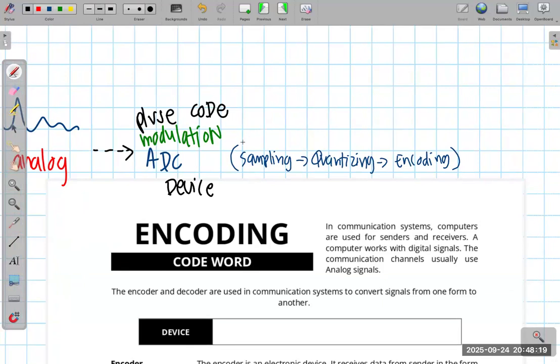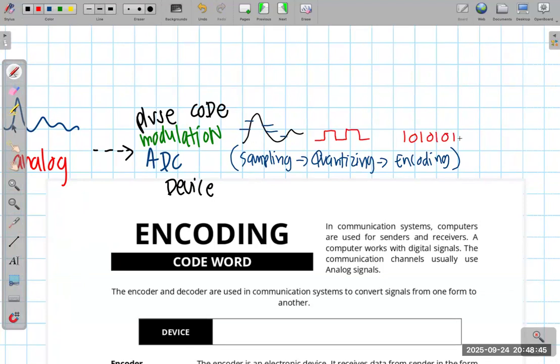Sampling is getting into the intervals. For example, when you have a signal spectrum like this, we get into the sample intervals. We call it sampling. Once you break it into intervals, you get discrete signals. We call it quantizing.